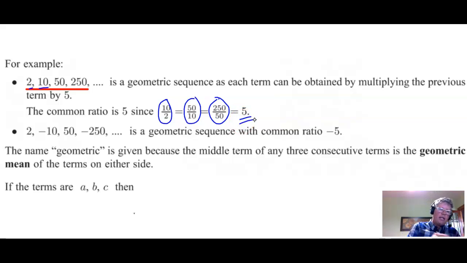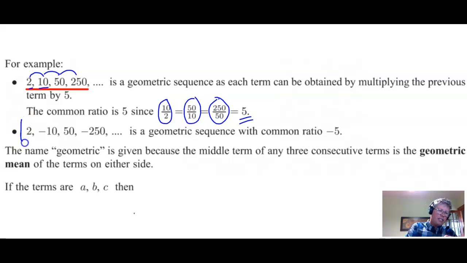So when you look at a sequence that's geometric, you're thinking to yourself, hey, it looks like I multiplied by 5. And you're right. But how did you get multiplied by 5? Because you took 10 divided by 2. Yeah, I know. You want to say, oh, I took 2 times what equals 10. That works too. But just be careful.